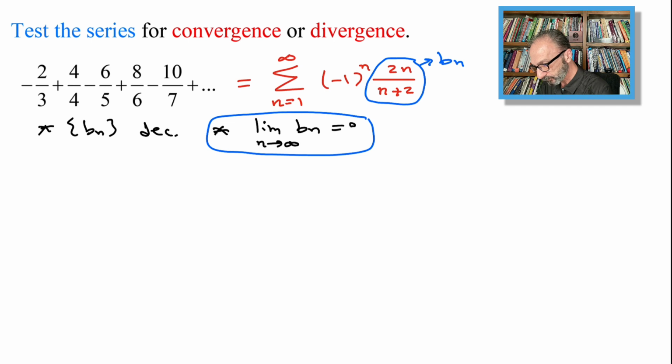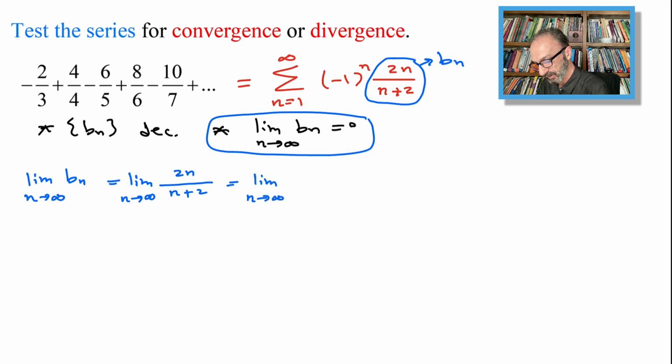So to find the limit of b sub n as n approaches infinity to see if it's equal to 0, that will equal the limit of what we identified as b sub n, that's 2n over n plus 2 as n approaches infinity, which equals the limit of the following.